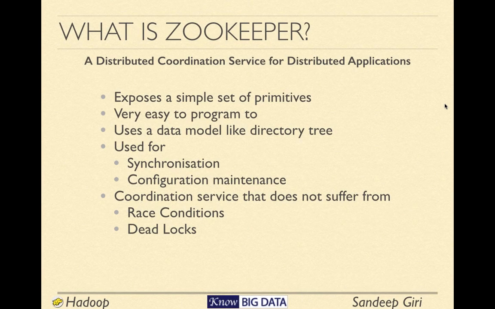The coordination service should be so strong in parallelism that it can handle multiple threads, multiple calls at the same time. Also, a coordination service has to be very, very consistent, while it does not need to store too much data.